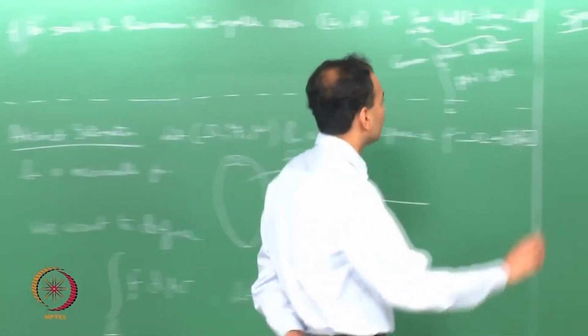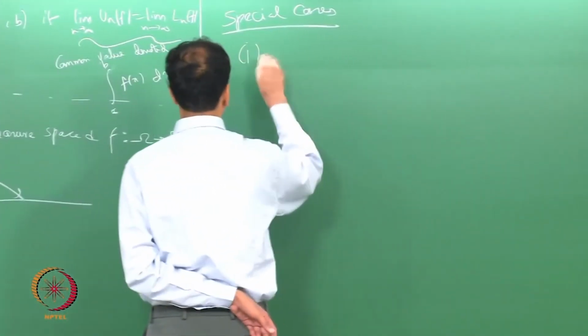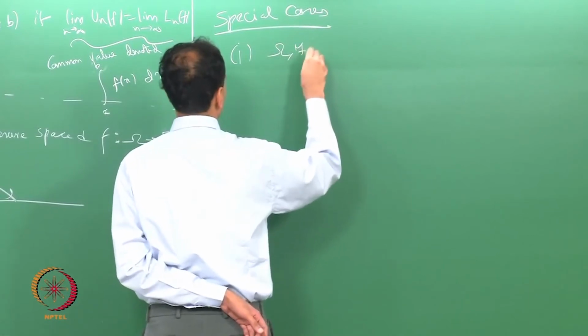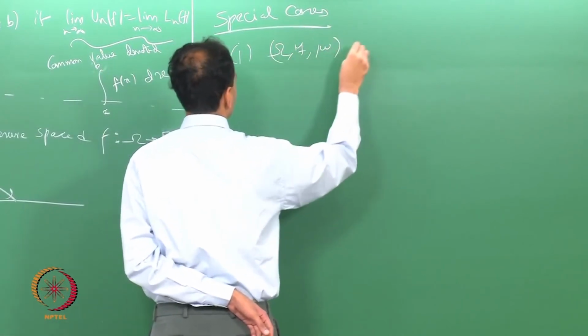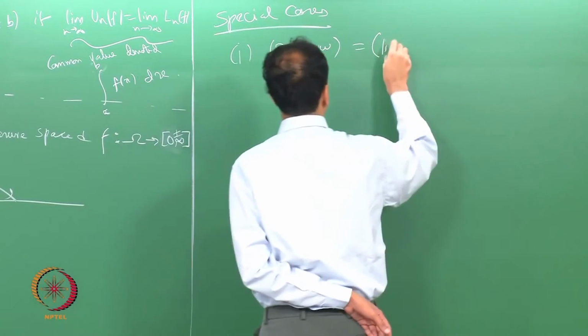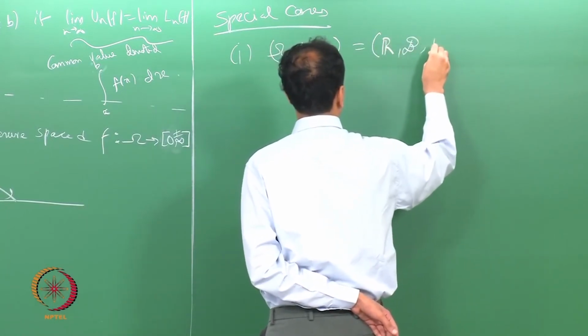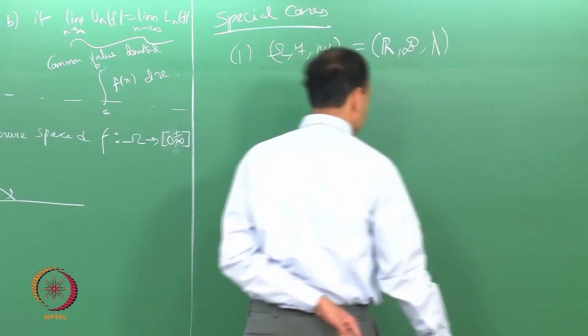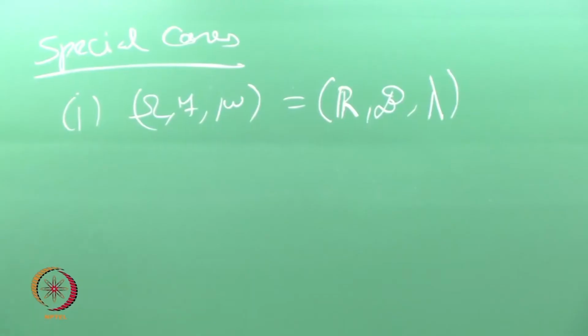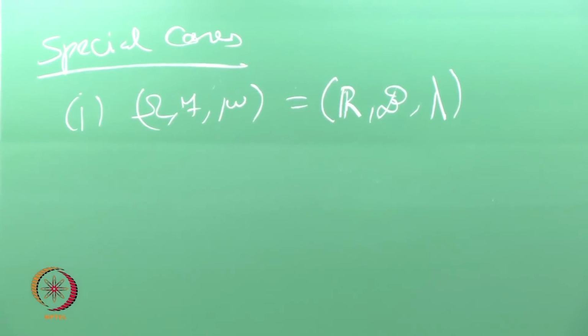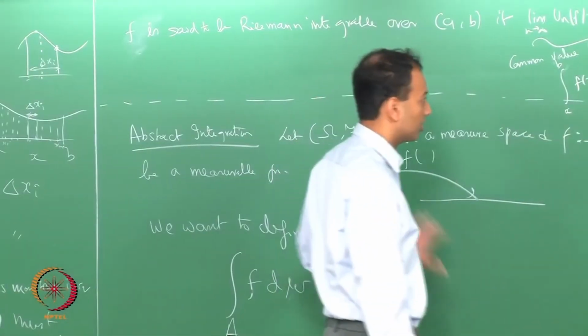Let us say that (omega, F, mu) is simply (R, Borel, lambda), Lebesgue measure lambda.